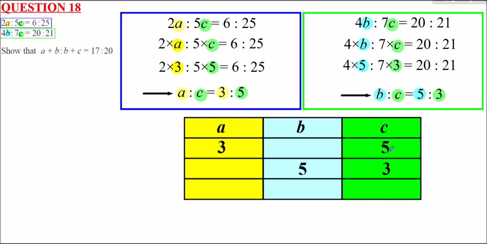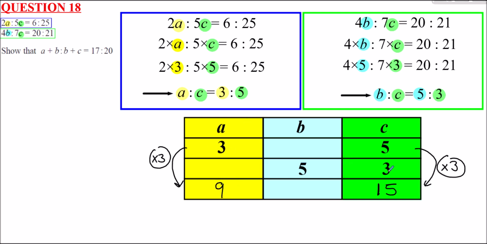What's the lowest common multiple of 5 and 3? It's 15. So if I can convert both of these values to 15, I'm on my way to getting the answer. So to go from 5 to 15, I'd have to multiply by 3. So therefore do the same with that a. So a times 3. 3 times 3 gives 9.